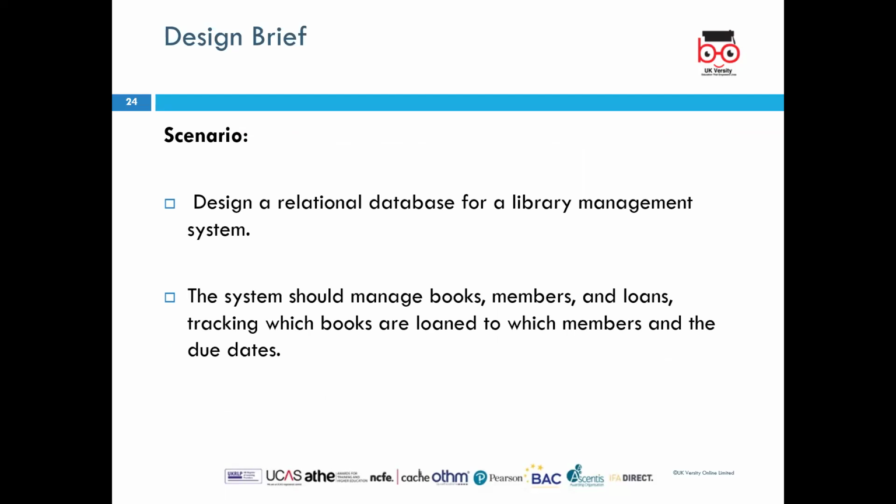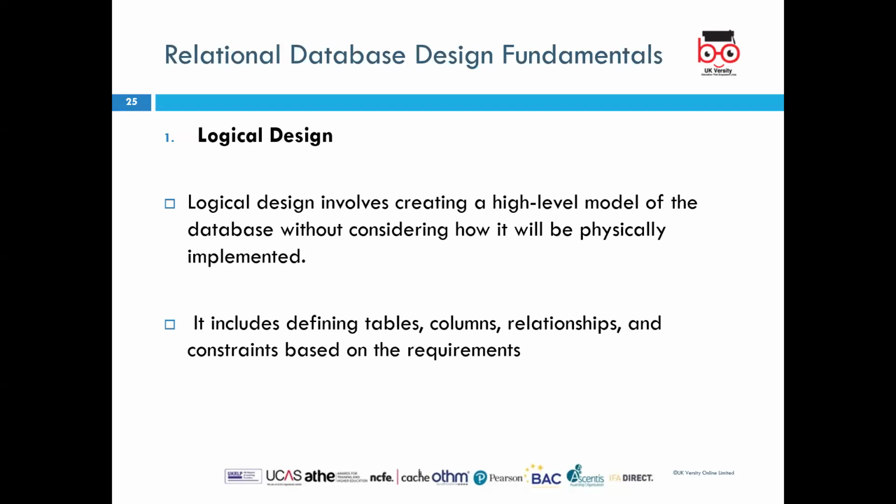So again, we've been given a scenario where we have to design a relational database for a library management system. The system should manage books, members, and loans, tracking which books have been loaned and which members are due dates.